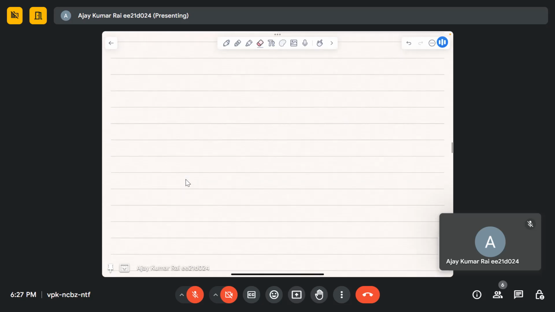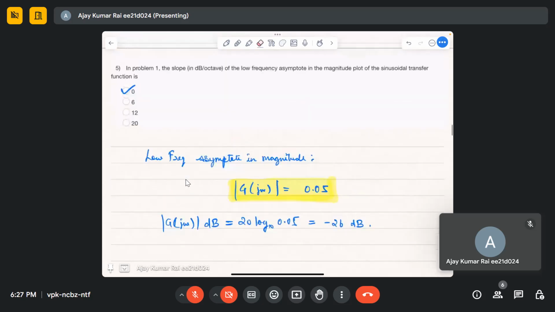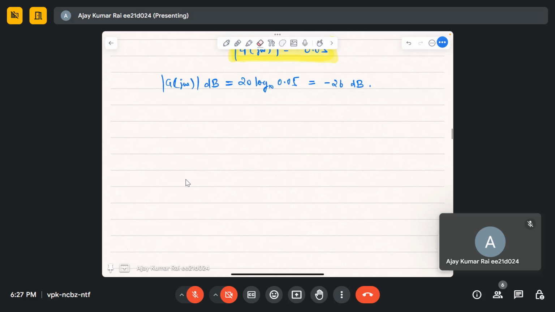Okay, so this is the right time to plot the magnitude plot. G(s) is equal to 0.05 into (s plus 1) over (s/2 plus 1) into (s/10 plus 1).